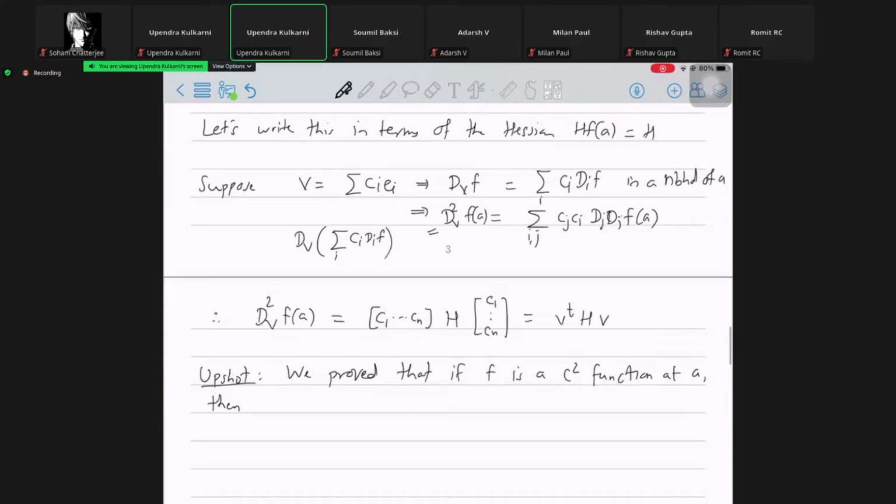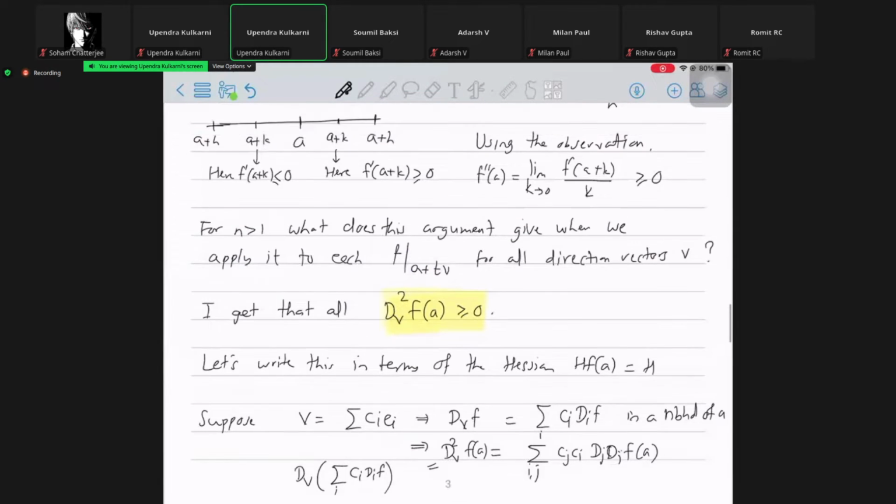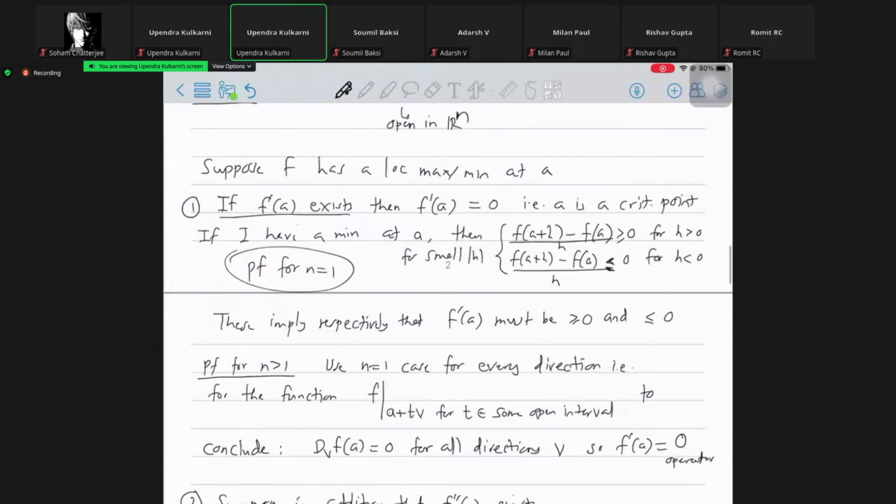Let's go back and look at it. If f is now a C2 function at P, then what do I know about the Hessian? H is a symmetric matrix such that what happens?